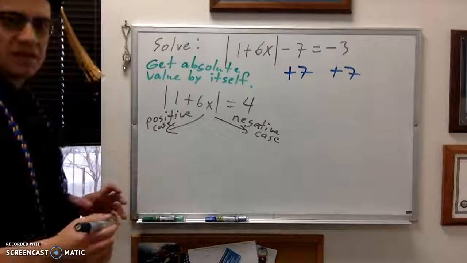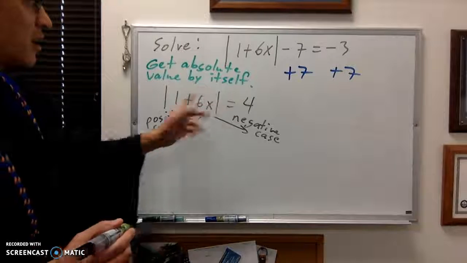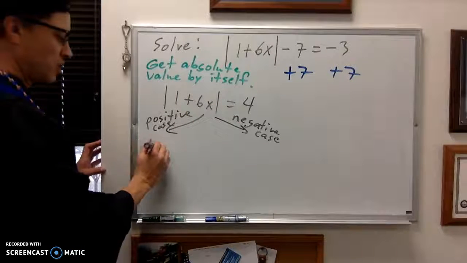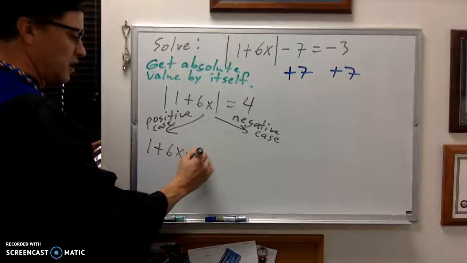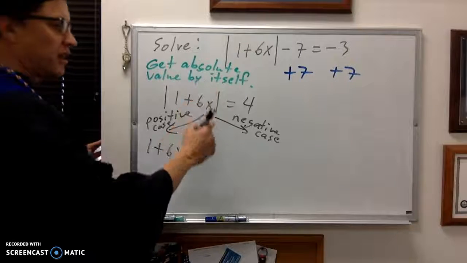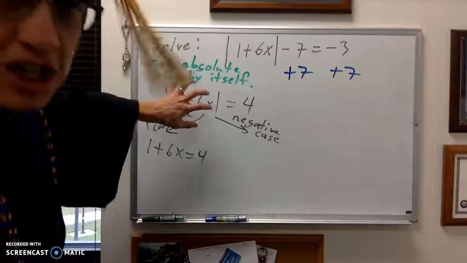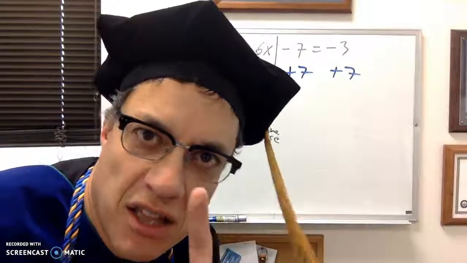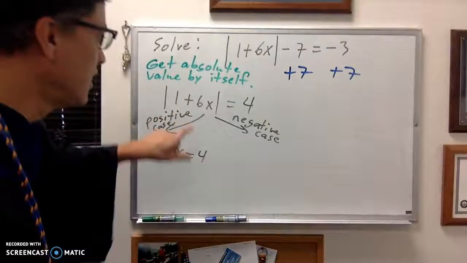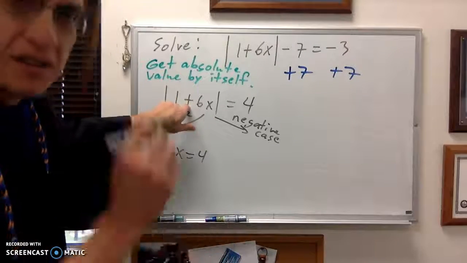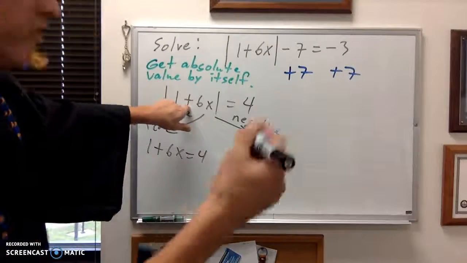The positive case is basically what you see there without the absolute value bars. So 1 plus 6x equals 4. The negative case, it's exactly what you see in the absolute value bars, okay? Do not change anything inside the absolute value bars, okay? If that was a plus, if that was a minus, leave it a minus. It's a plus right now, we'll leave it a plus.